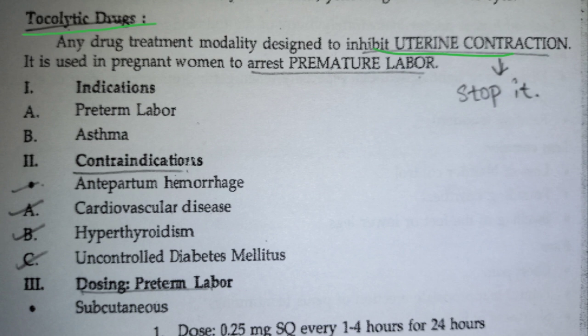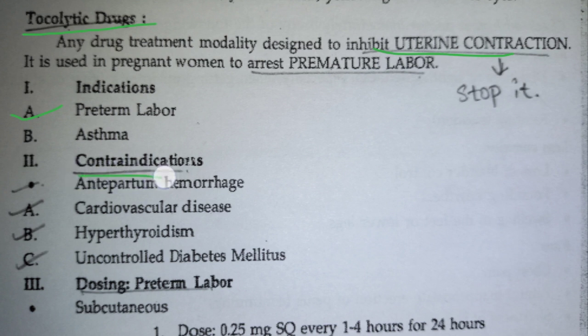Apart from this, if the delivery process is going on and we get to know the mother has a high risk condition, that the vaginal delivery process can actually lead to any kind of injury or fetal death, then we will stop the uterine contraction and then we will go with C-section. At that time also this tocolytic drug will be provided. So generally it is provided during the preterm labor and other high risk condition time.